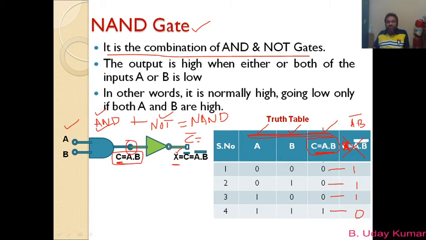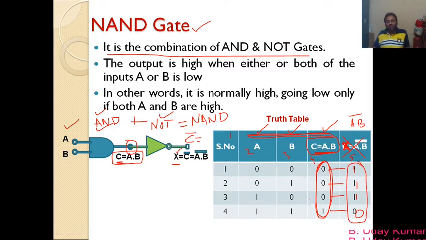Whatever values you get in the fourth column, this is the output of the AND gate, but what I have written in the fifth column is the output of the NAND gate, so that you try to understand.